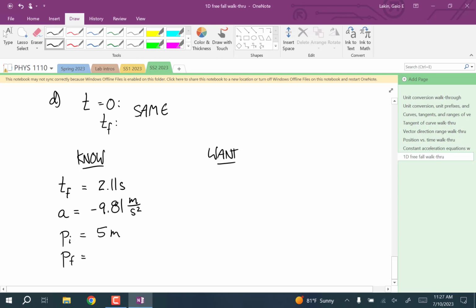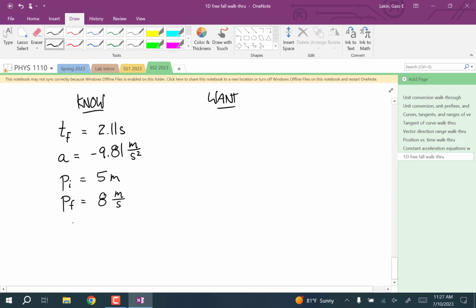P final, sorry, that was wrong. I like trying to think while I talk. So P final is 0, right? At time final, the height is 0 when it hits the ground. V initial is 8 meters per second. And what we're trying to find is the velocity at time final.